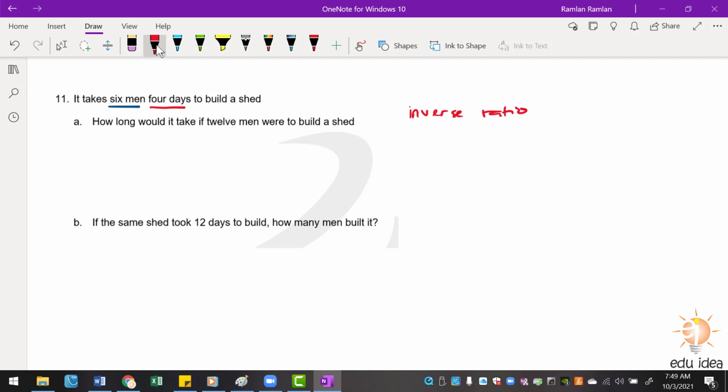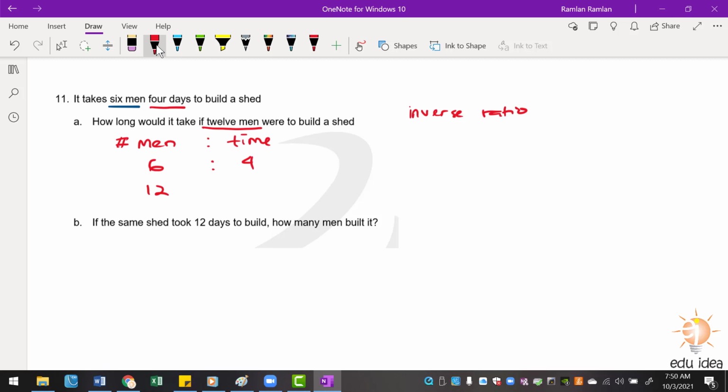So we can just write down the ratio of the number of men versus the time. From the question, 6 men need 4 days. And the question is how long would it take if 12 men, so the 12 should be here.